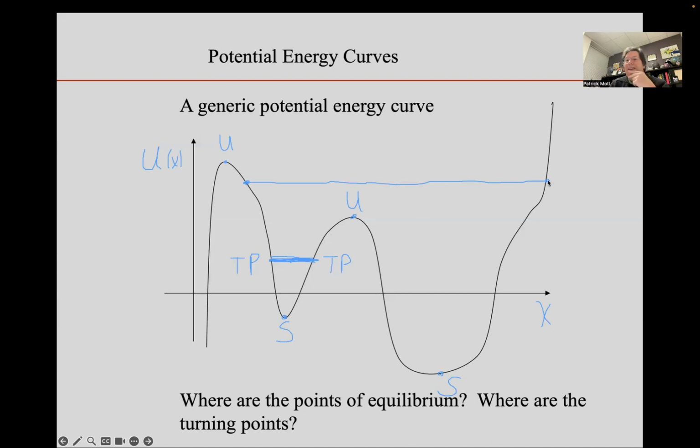I could have an intermediate point where the slope goes through a zero, but the second derivative is flipping signs on either side. It's an inflection point that can happen. And then turning points are where, for a given amount of kinetic energy, I have a particle that's going to be bound by the potential. It's just going to bounce back and forth between the turning points. So the term lives up to its name.